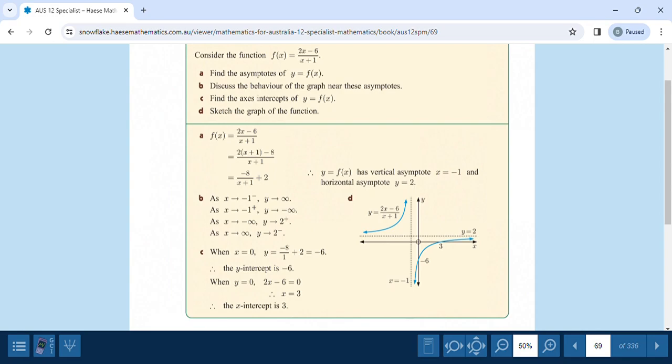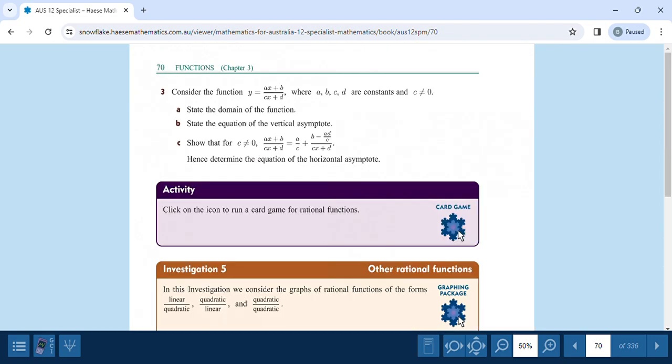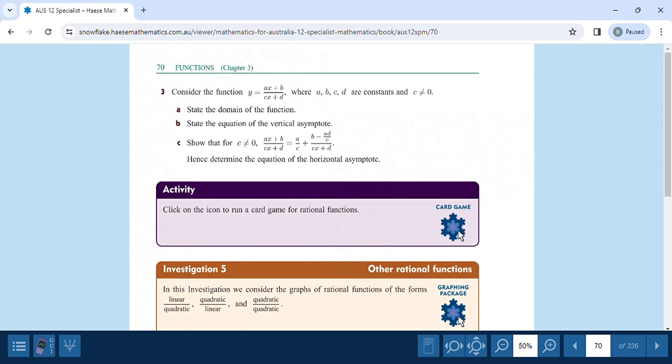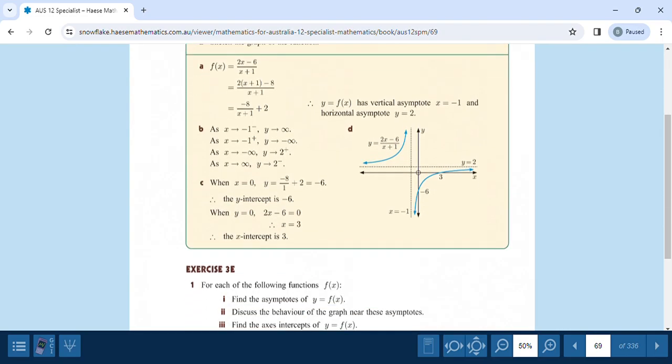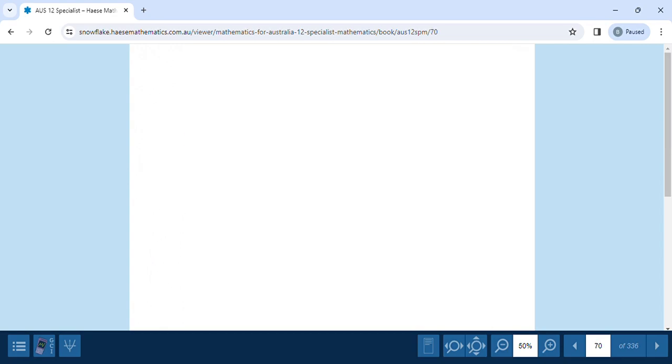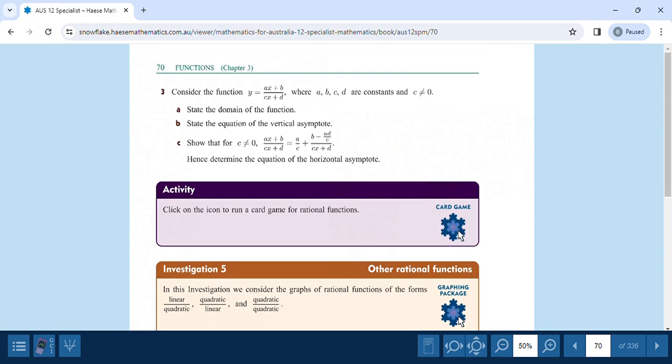Some of the questions get harder and they've got variations in them, or some use letters like in number 3, where you obviously can't graph it. So that one really takes the teachings and the learnings from 1 and 2. If you nail those, and if you know how to do them by hand, you're going to know how to do number 3, because it's just going to follow on from that, but using letters.